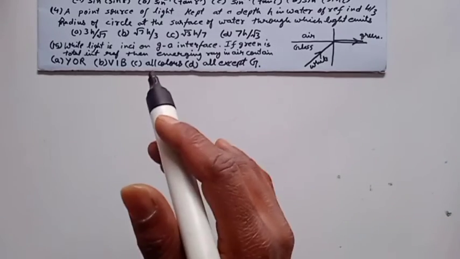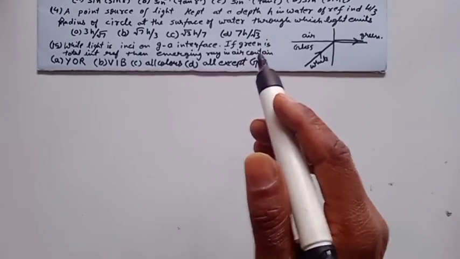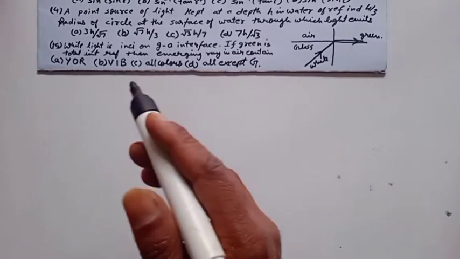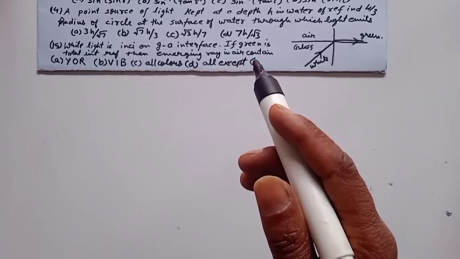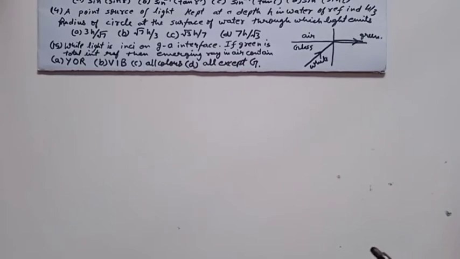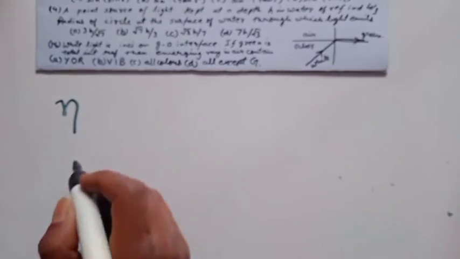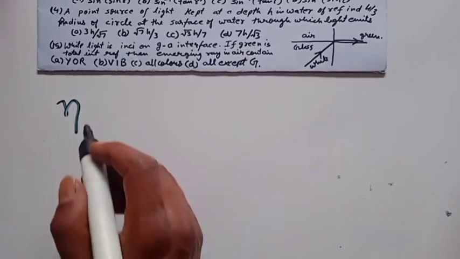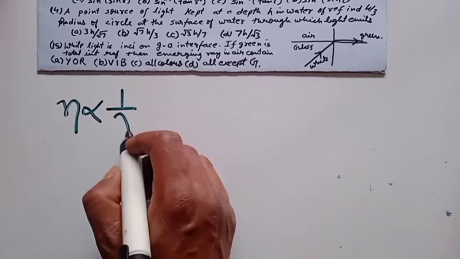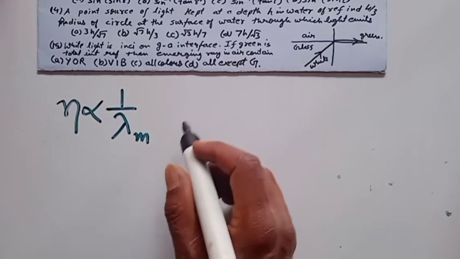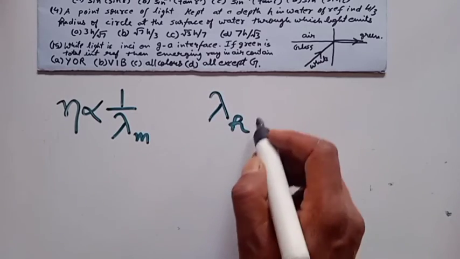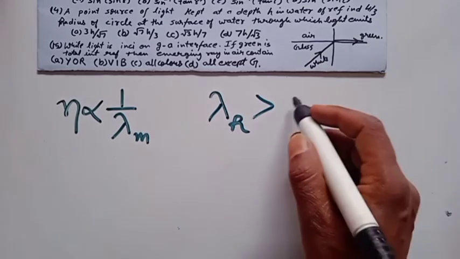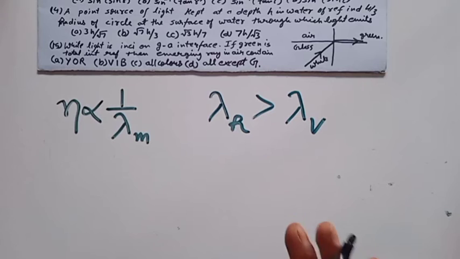So, white light is incident on a glass-air interface. If green is totally internally reflected, then the emerging ray in air contains what? Okay, so we know that in a medium, refractive index is inversely proportional to the wavelength in that medium. And again, we know that the wavelength of red is greater than all other colors, and violet is the least.